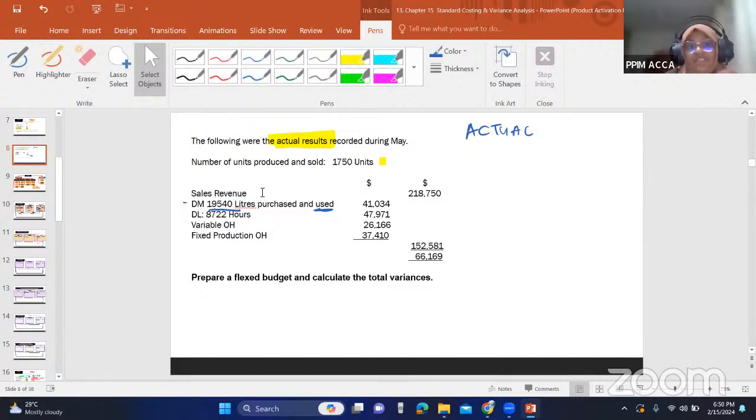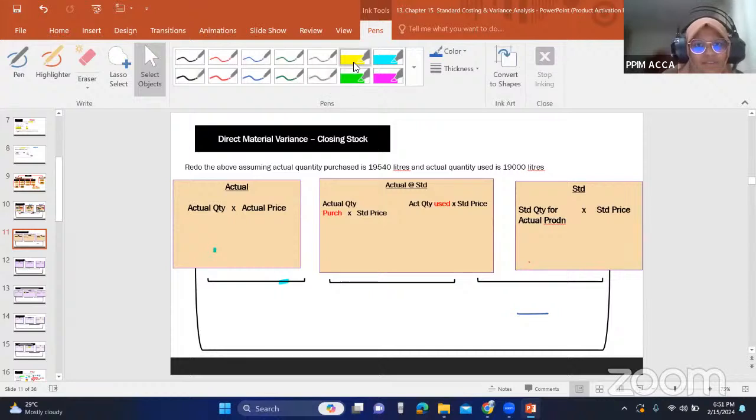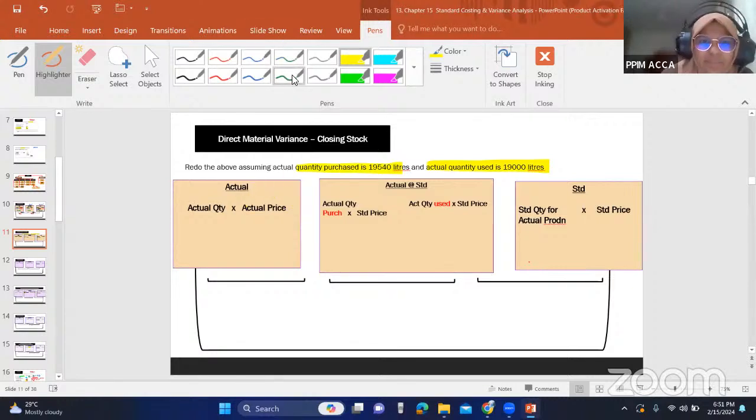So there was no closing stock of raw material because whatever we purchased, we used. But here they are saying we have purchased 19,540, but we have used only 19,000. So in this situation, the way we calculate the variances will change slightly. What's the difference? It's a very small thing.